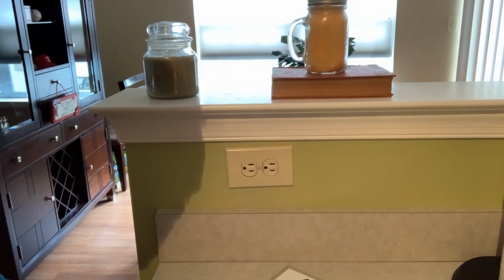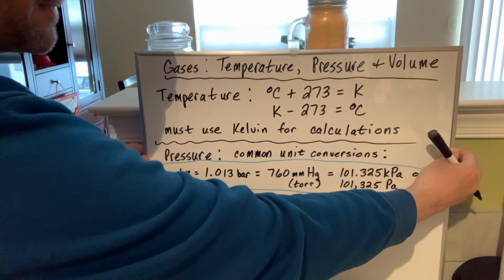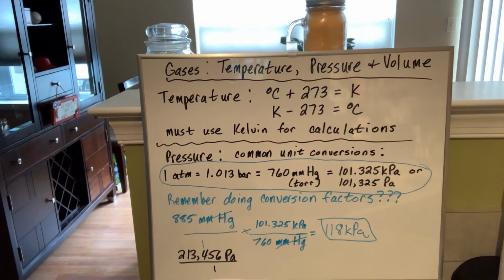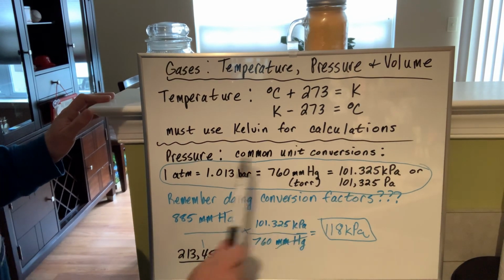So it kind of will look like this. 213,456 pascals. Did I get that number right? Okay, I got that number right. Now for this one, it says convert the following to bar. So I want to go from here to here.